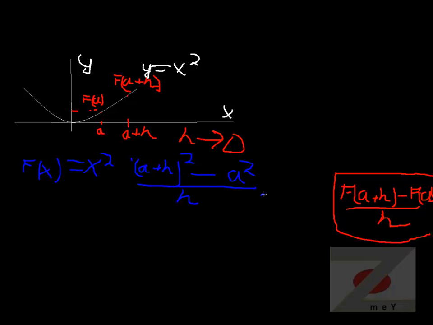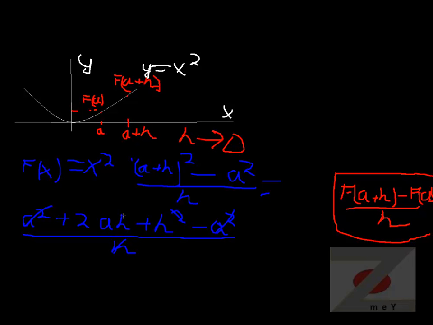After that, what do we do? We need to FOIL (a plus h) squared. So we get a squared plus 2ah plus h squared minus a squared, divided by h. Okay, then as you can see, a squared cancel out, and this part cancels with this, and this h cancels with bottom as well.